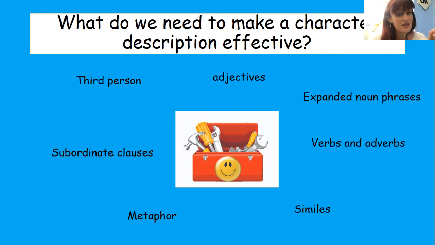You can use them at the start of a sentence, in the middle of the sentence, or at the end of the sentence. They give more information. Although it was raining, he did not wear a coat. Your main clause is he did not wear a coat, although it was raining, comma, your subordinating clause gives more information.